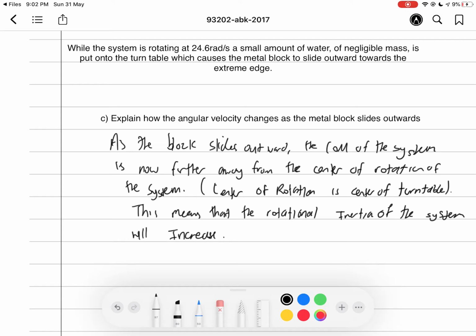Okay, so you can link that to a formula. You can't say I equals anything in this case. You just say I is proportional to R squared. Hence, as R increases, I must also increase.